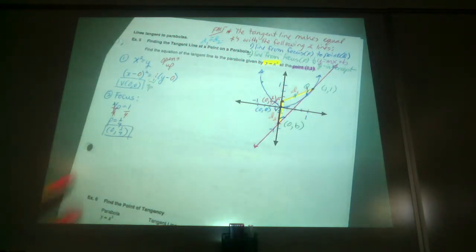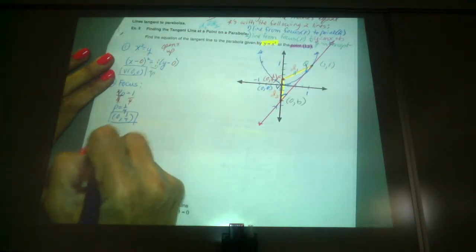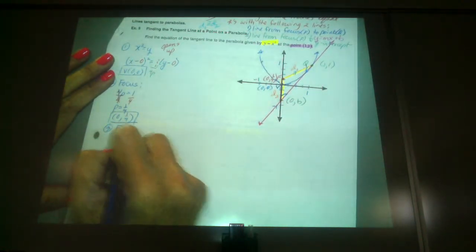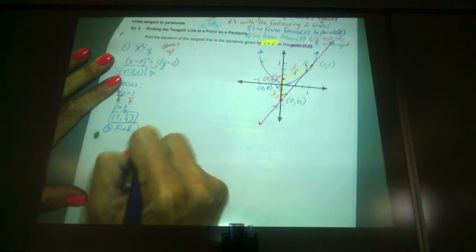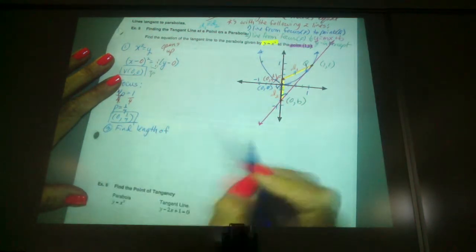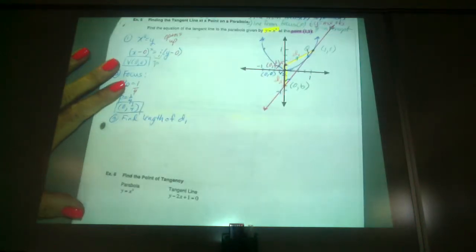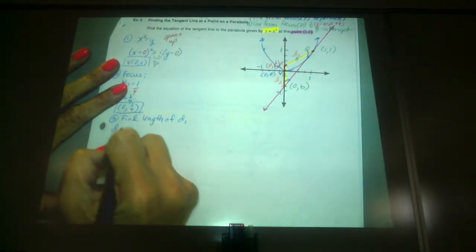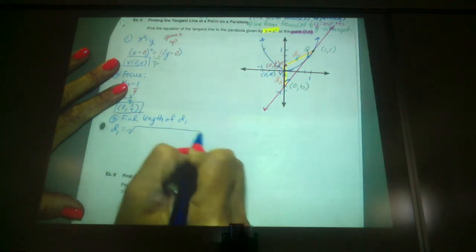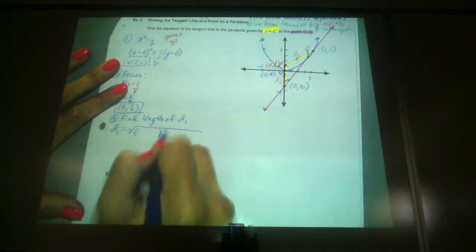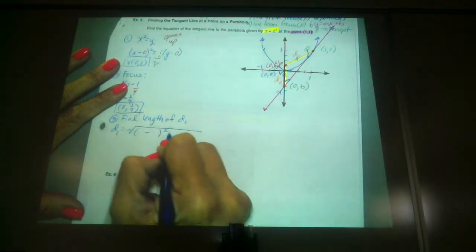So first step, I'm going to go ahead and find, so step 3, find the length of d sub 1. So we're going to use our distance formula. So d sub 1 is equal to, make your template. I'm going to take the difference between the x values and square them.